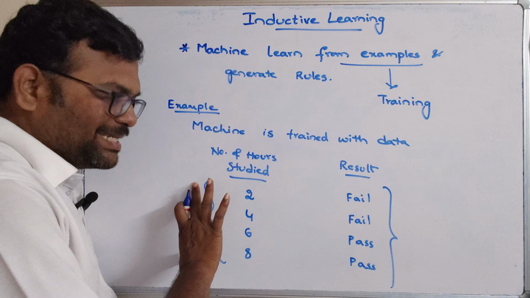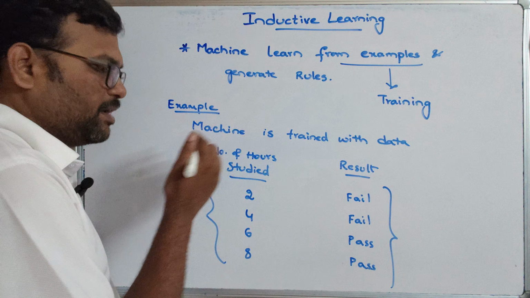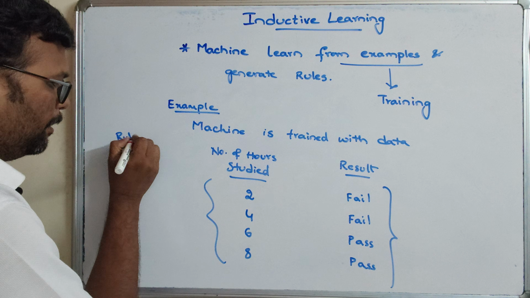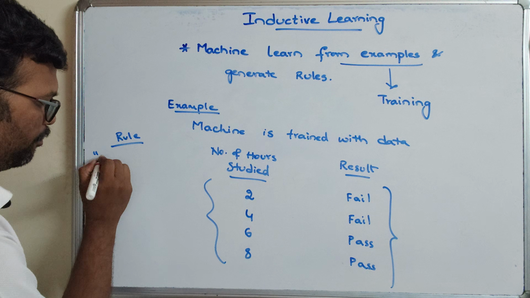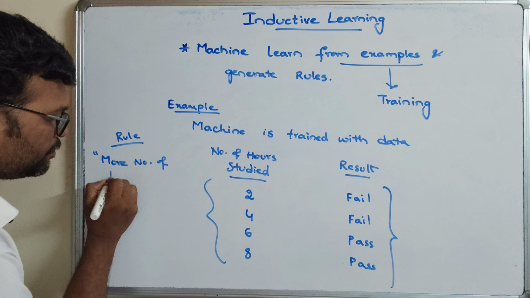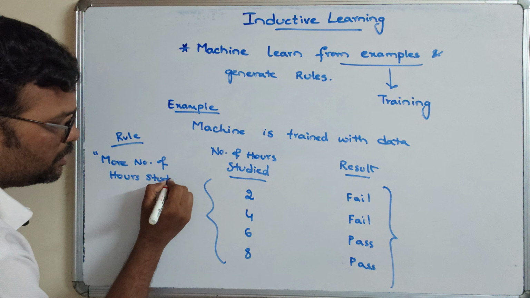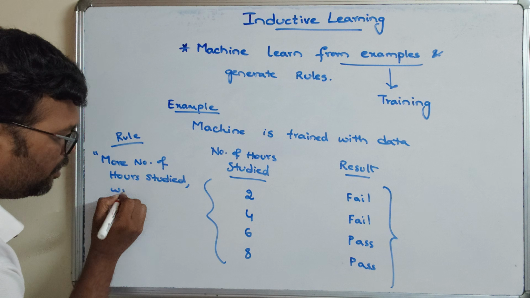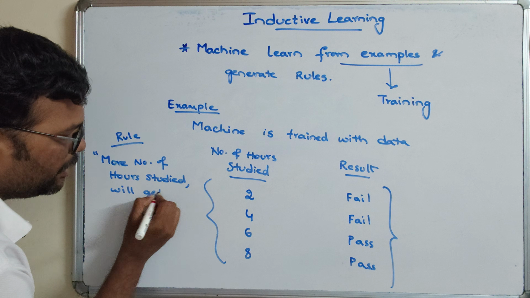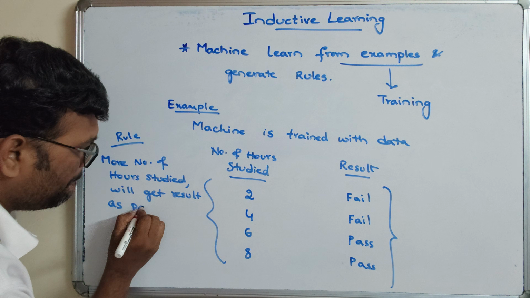From these examples, the machine will generate a rule. What is the rule? A student who studied more number of hours will get a result of pass.